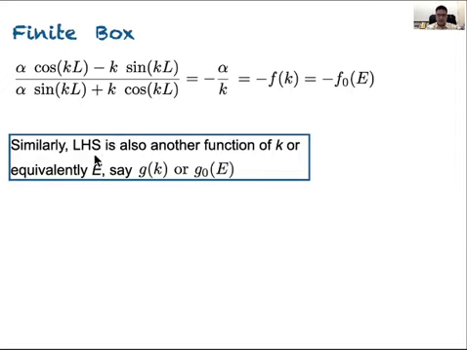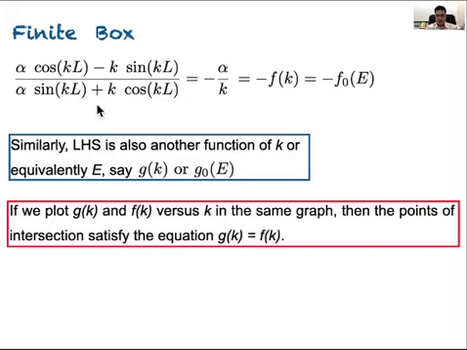Similarly, the left hand side is also another function of k, or equivalently another function of E, so we can call it g of k. Now to find the solution, we can plot g of k and f of k as a function of k in the same graph, and then the points of intersection will give the solution of these equations.